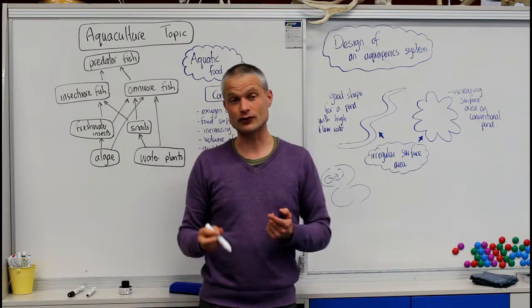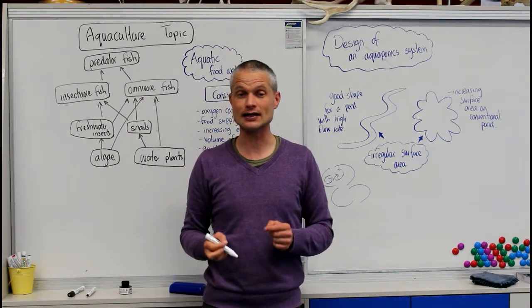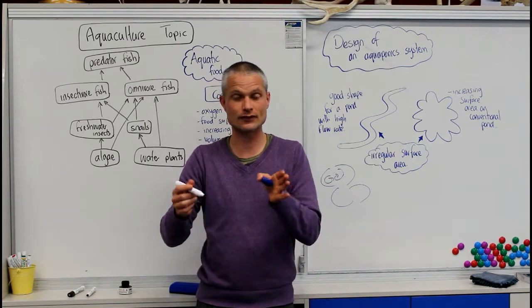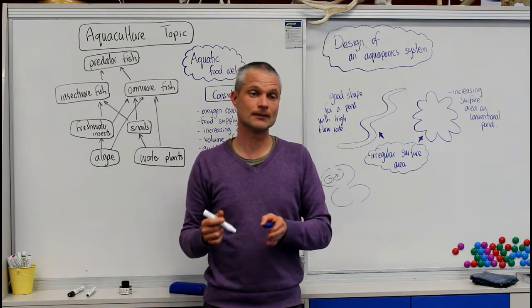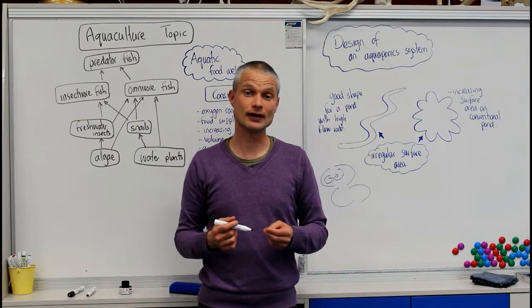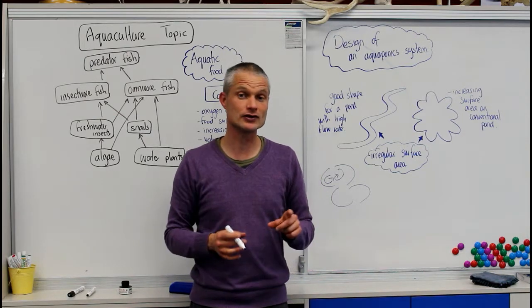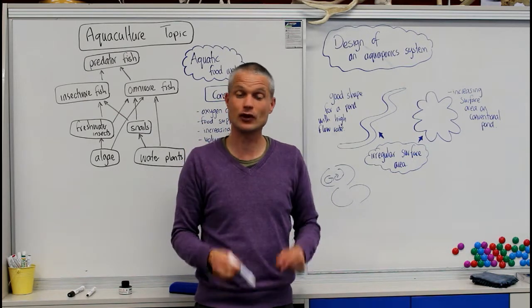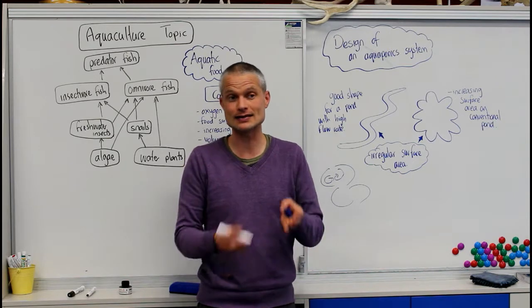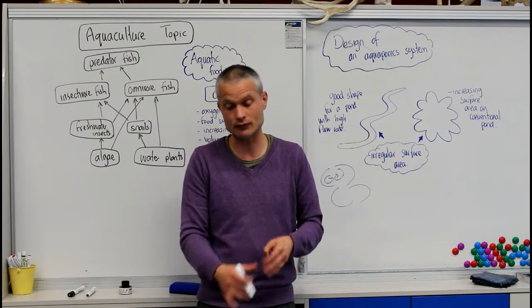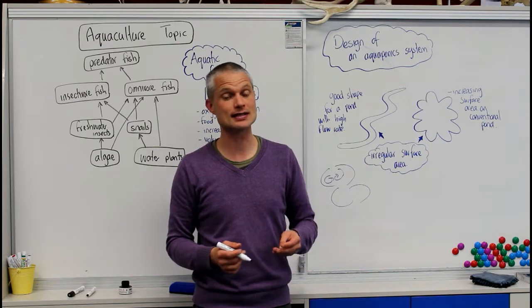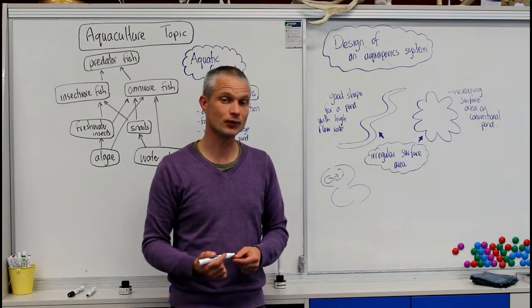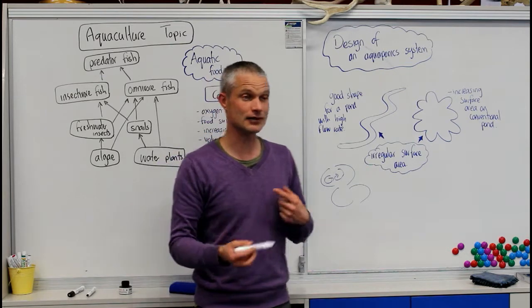Or it could go through a gravel bed that has reeds growing in it, and as it goes through the gravel, it's going to get oxygenated, but also purified by the bacteria living on those stones, but also the biological action of the reeds and the microbiology associated with the roots of the reeds will cleanse the excess nutrients out of that water before it goes back into that pond again. Or you can even integrate the two.